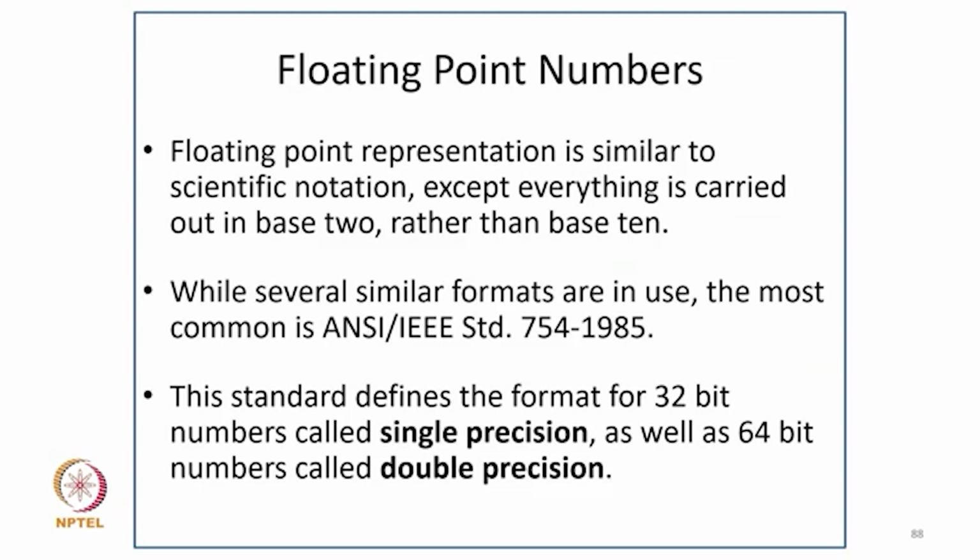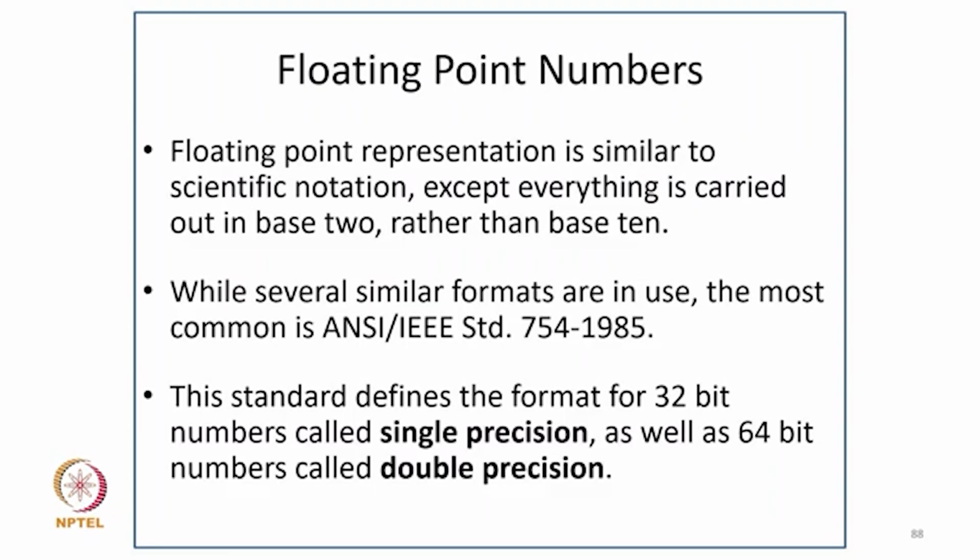So floating point representation is similar to scientific notation, except everything is carried out in base 2 rather than base 10. While several similar formats are in use, the most common is ANSI/IEEE standard 754-1985.